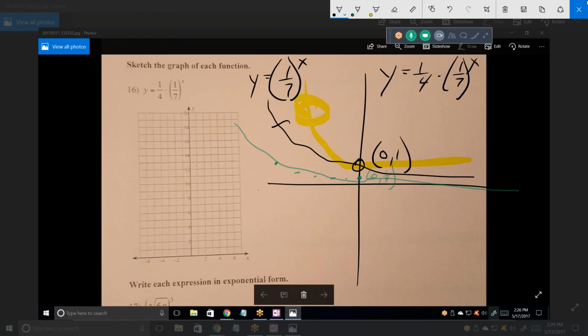This one is normal based on the 1/7. And this one is flatter. And it's flatter because 1/4 is a vertical shrink, so that every point that was on the black curve is now 4 times closer to the x-axis. In other words, this point is 1/4 of that point.